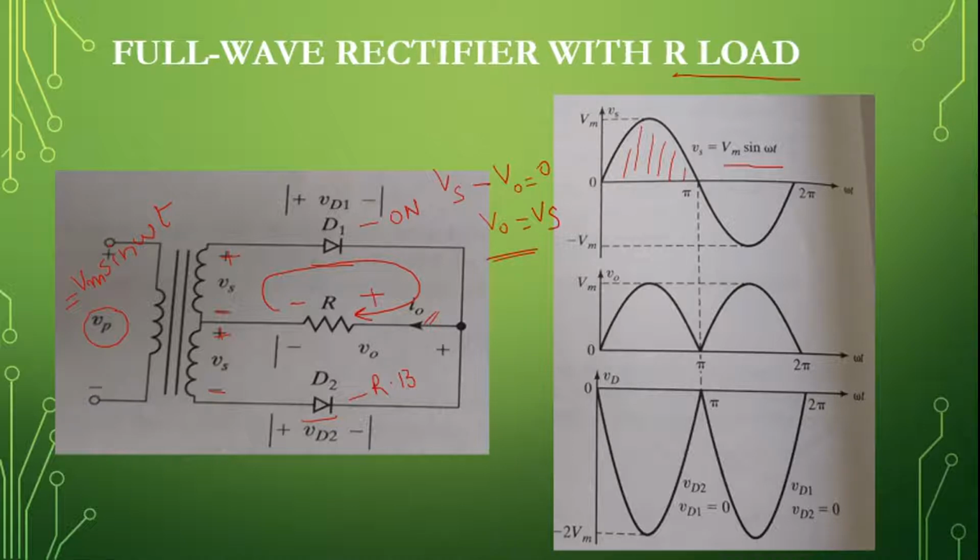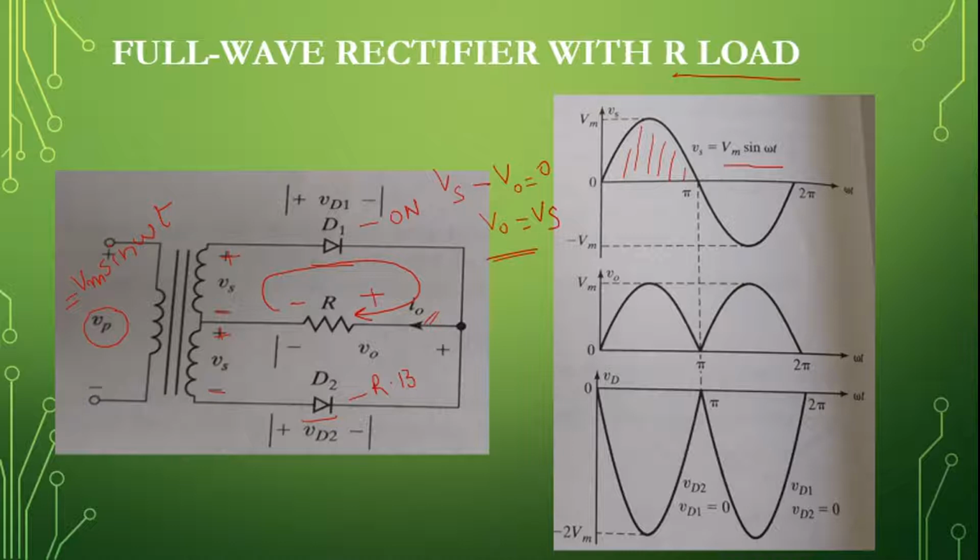So what about D2? D2 is reverse biased. What is the voltage across D2? It is open. It is not conducting. So the voltage across the diode D2 during positive half will be equal to this voltage plus this voltage, which will give us a negative value.